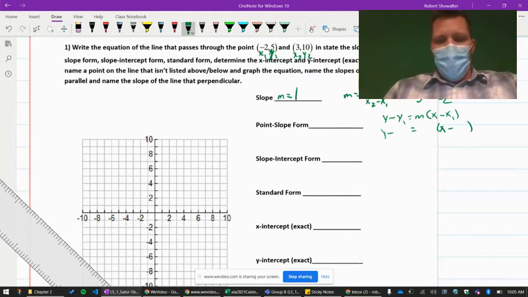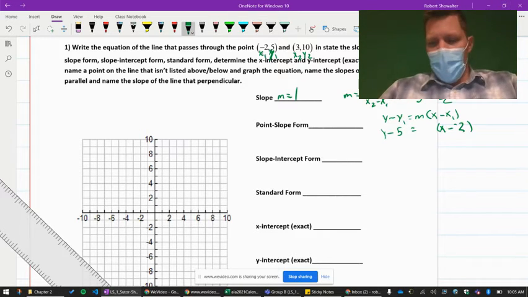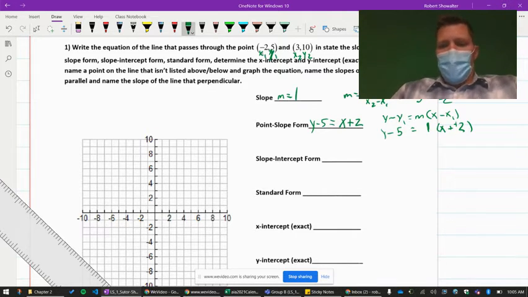The point we are going to use is x1, y1, with x1 being -2 and y1 being 5, and our m we calculated above being 1. We simplify a little bit: minus a negative becomes plus, and we don't need the 1 hanging out. So point slope form is y minus 5 equals x plus 2.